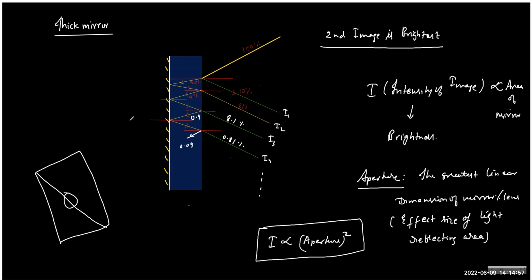If I reduce the cross-sectional radius of the lens from R to R by 2, what will be the new intensity compared to the initial? One fourth. That's it. Because it depends on area. So one half of the radius is one fourth of the area.